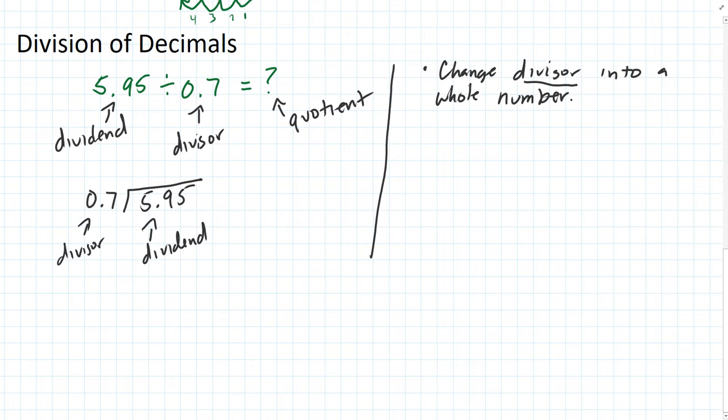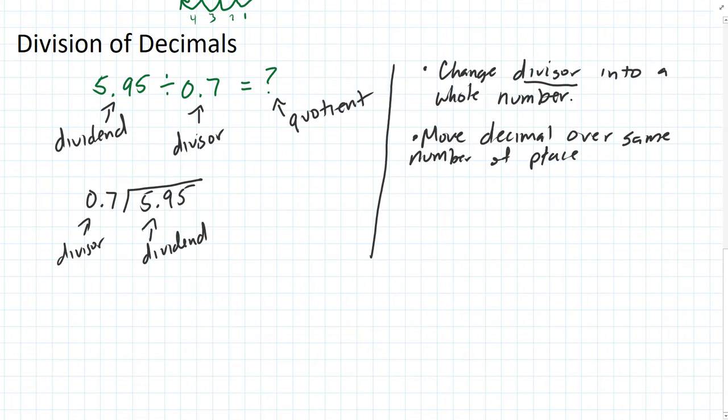We could change both the divisor and the dividend, but we really only need the divisor. So to do that, I'm going to move the decimal over the same number of place values in both the divisor and dividend.